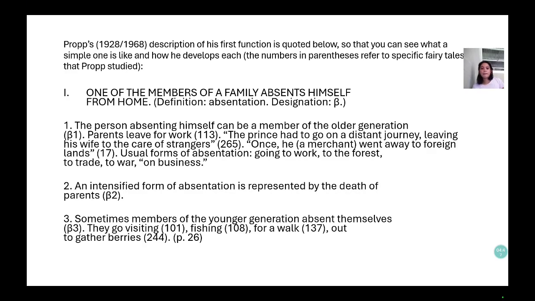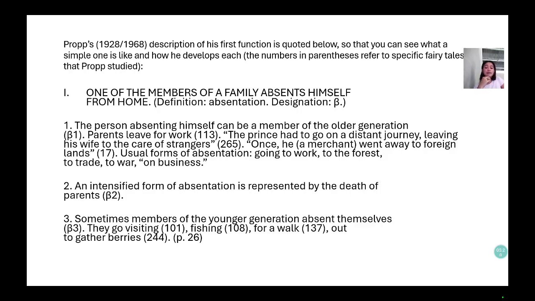The person absenting himself can be a member of the older generation. Parents leave for work. The prince had to go on a distant journey, leaving his wife in the care of strangers. Once a merchant went away to foreign lands. Usual forms of absentation are going to work, to the forest, to trade, to war, or on business.